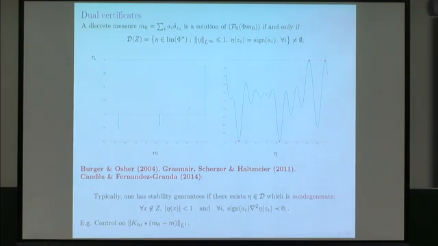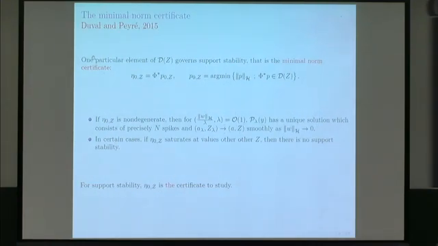Okay. And it turns out that if you want to look at support stability, there is actually one specific dual certificate that you should be looking at. That dual certificate is the one with smallest Hilbert space norm, the minimal norm certificate. And this was studied in this nice paper by Duval and Peyré in 2015.